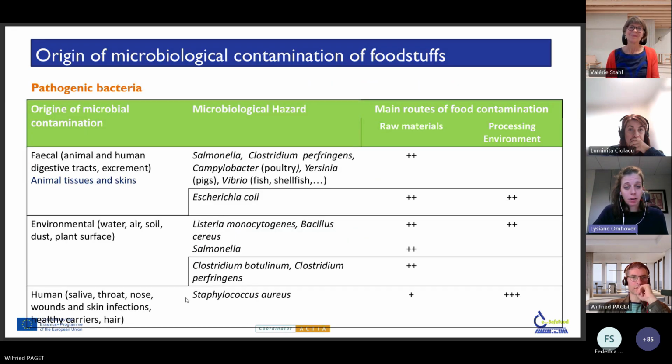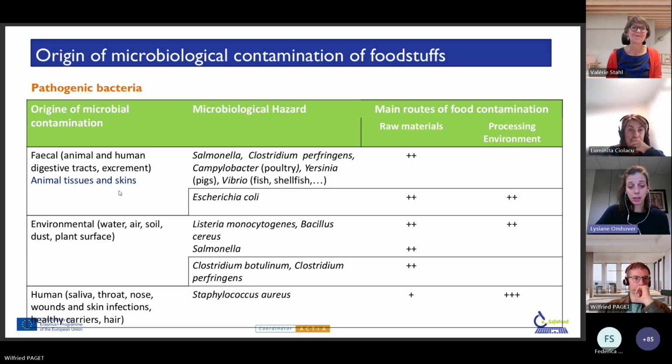Here in this table, we give you some examples of origin of pathogenic bacteria. In this table, you have in the first column the origin of microbial contamination, for example, fecal contamination from animal or human digestive tract or excrement.